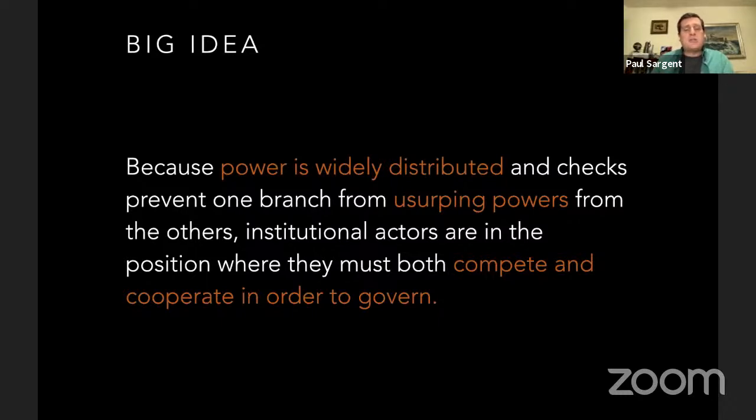So institutional actors, those people who work in government, are in the position where they must both compete and cooperate in order to govern. Competition between parties, cooperation between branches of government, and between members of the same party come together to make our public policy.